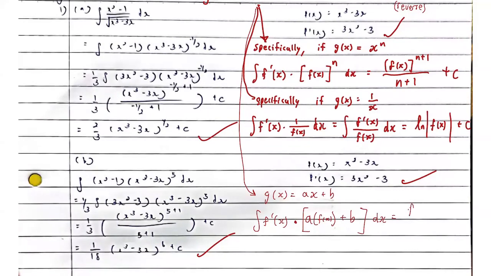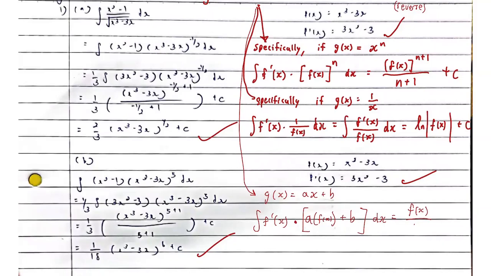It will just be f of x, then you divide by a. I'm getting a bit confused right now. Hold on a second.